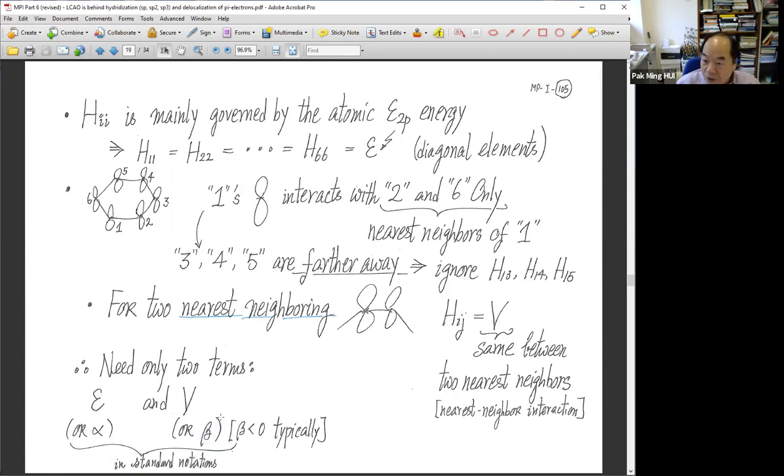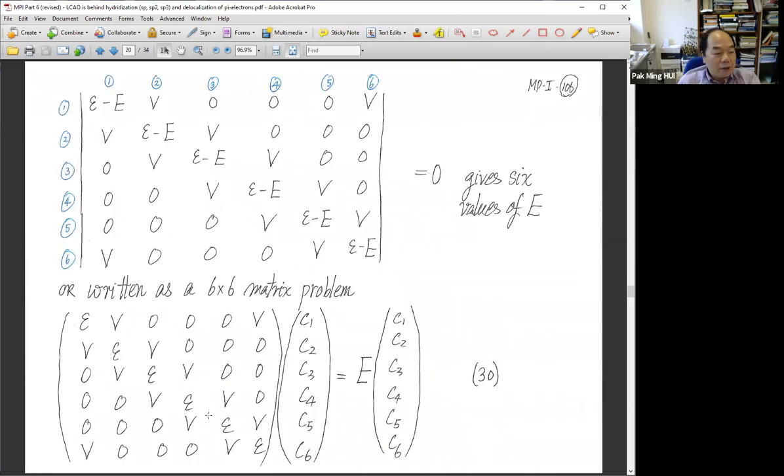Let me tell you that after more rigorous calculation, usually this V or beta turns out to be negative. But that is just a detail. So for the moment, let's do that. So if you look at the benzene structure, and remind you we are doing this.